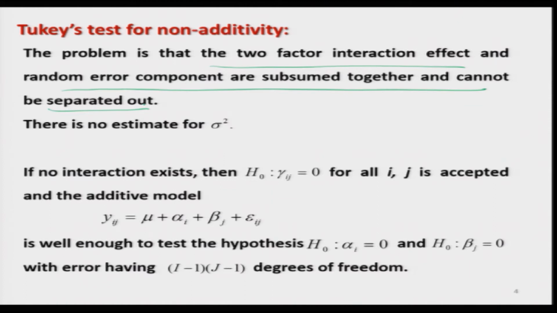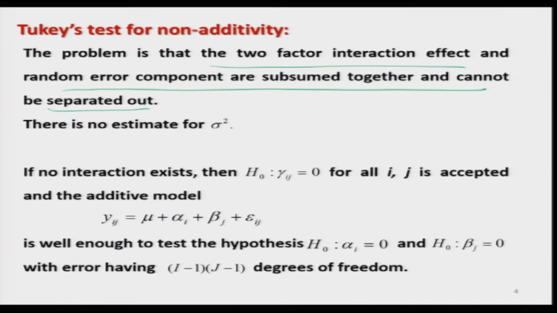Because we have one observation in a cell, we cannot estimate it. We are assuming it to be 0, but that is our assumption. This is the issue with us, that we are unable to estimate the interaction effect. But interaction effect is not saying that I am absent.